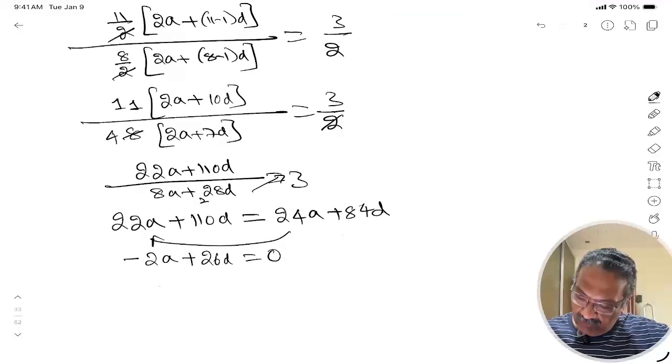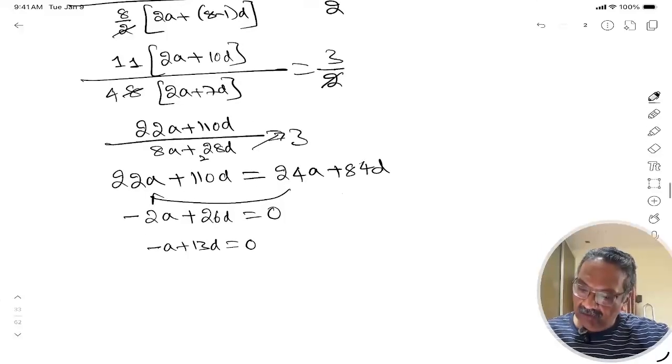Or if I take 2 common, minus a plus 13d is equal to 0, or we get a minus 13d is 0.